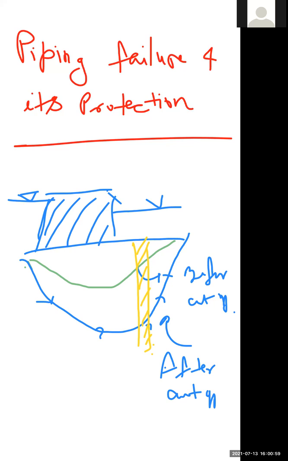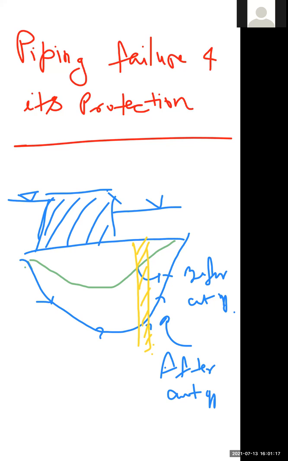So piping can also be avoided by providing a protective filter. An inverted filter or graded filter consists of two or more layers of coarse grain soil applied over less pervious medium.